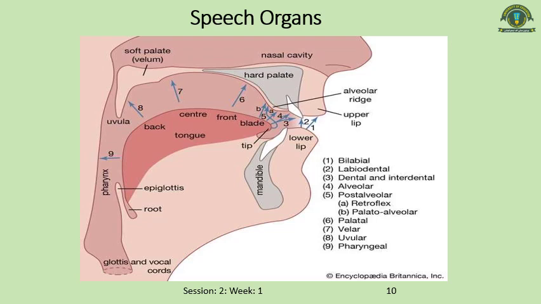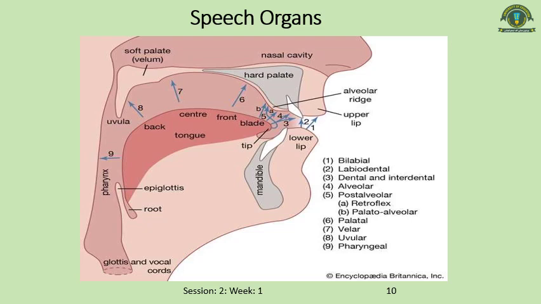Now, for understanding's sake, if I say bilabial, now you can see 2 lips. Can you see that? Upper lip and lower lip. So, 1 number has been given. You have to touch both the lips to produce the sound B or P. When I say B or P or M, for example, I can call them bilabial sounds.